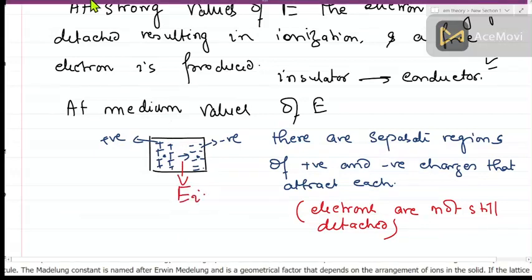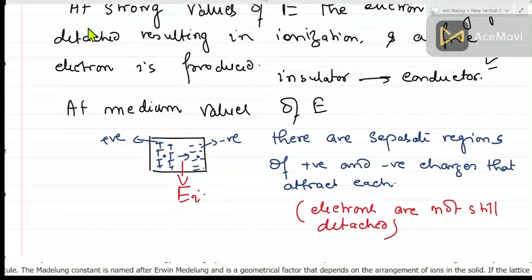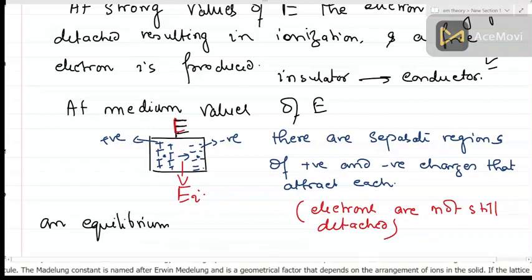Now in this situation we have an equilibrium developed. Since there is a force of attraction, let me write this as EI, and we have an external electric field. Suppose this is E. So what happens?